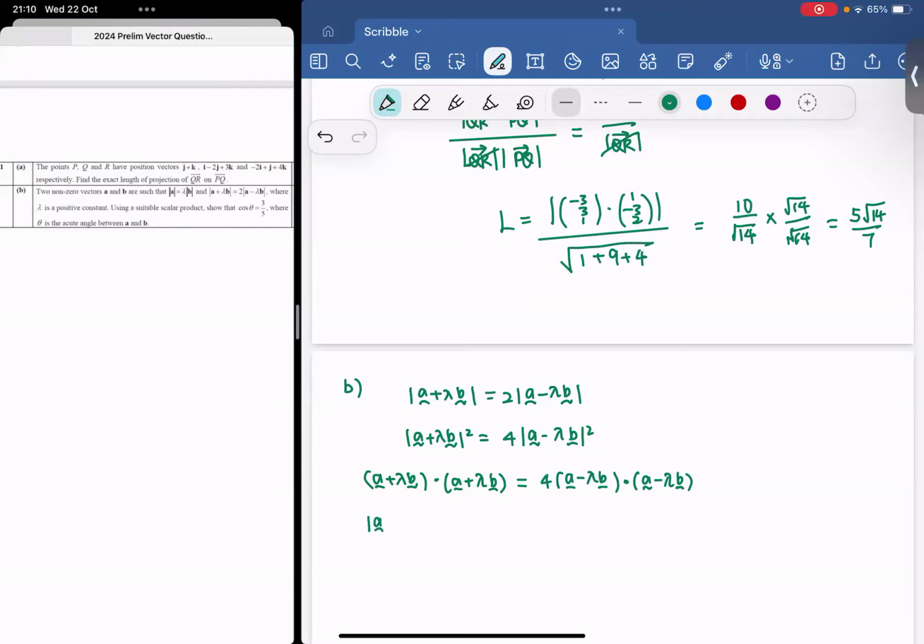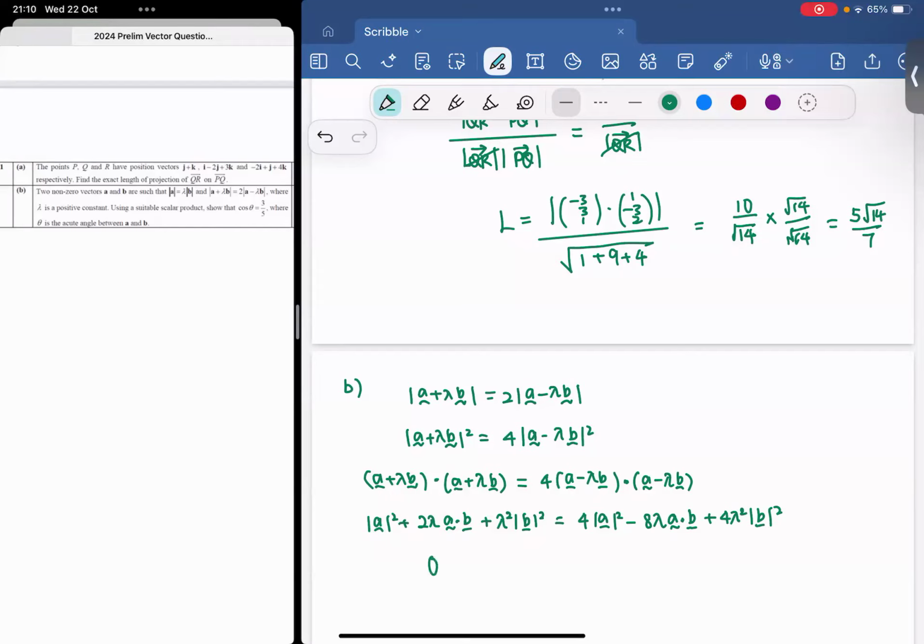Okay, expand this will be A squared plus 2 lambda A dot B plus lambda squared B squared equals 4A squared minus 8 lambda A dot B plus 4 lambda squared modulus B squared. Okay, so we bring everything to one side.